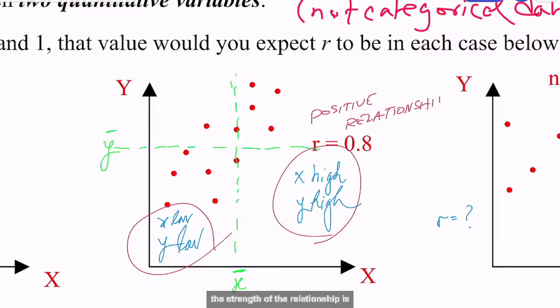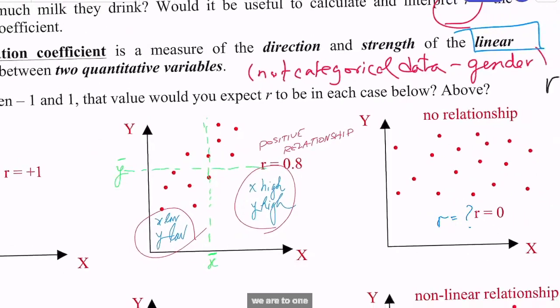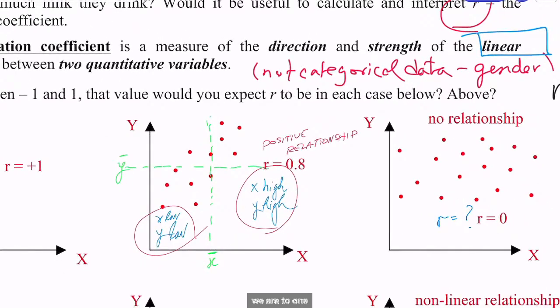The strength of the relationship is reflected in how close we are to one. And in the graph, it's how consistent that interpretation is. Let's try another one.